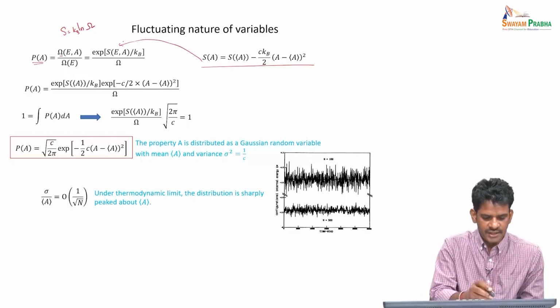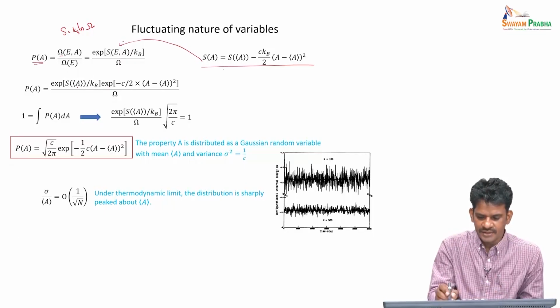When you do that, you can see there are two exponential functions: one is exponential of S at the mean value of A divided by K B, multiplied by exponential of the second term, which is minus C by 2 times (A minus mean A) whole square. You can see this K B gets cancelled because of this factor here.